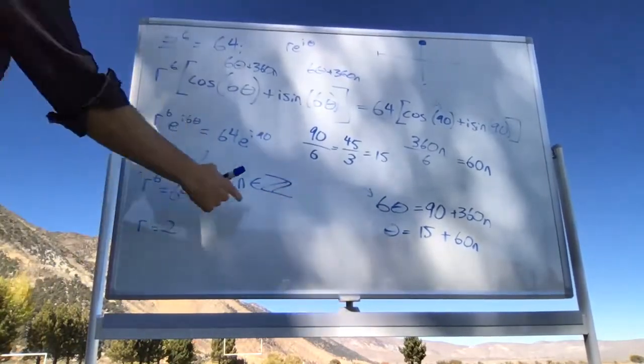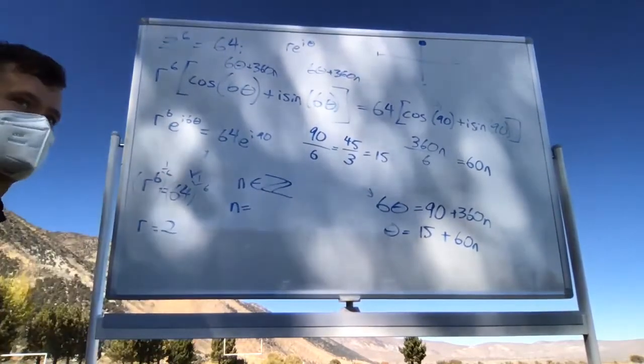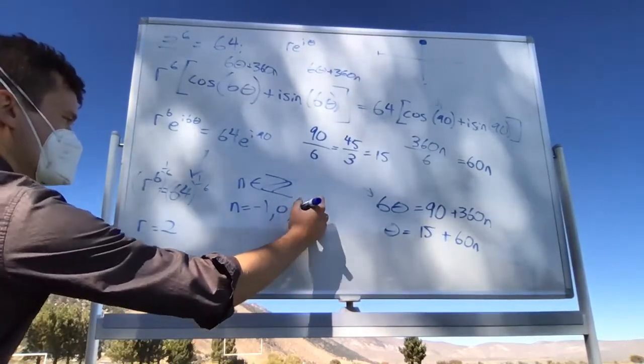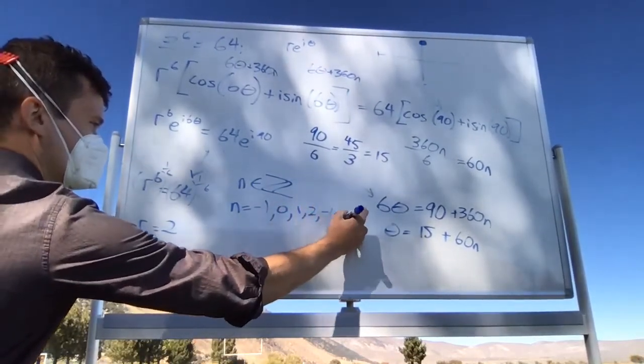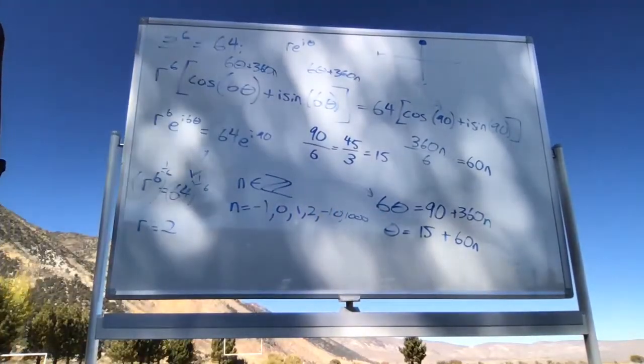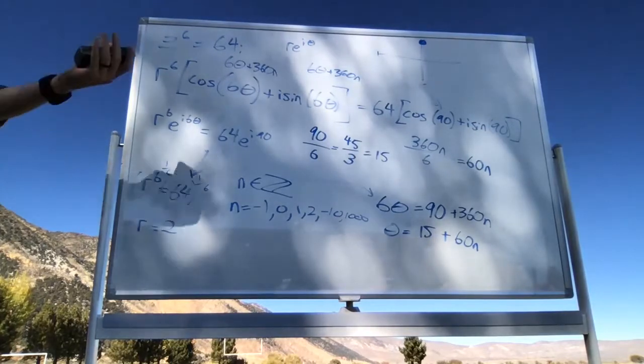It's not super important that you know this, but the main thing that you need to know is that these are the possible values that you can have for n. I can have -1, 0, 1, 2, -10, 1,000. Any whole number will work for n. You get to choose whatever you want. On Khan Academy, there's only going to be one value of n that works. They'll say, make sure that your angle is between, like between 60 and 90 or something like that.